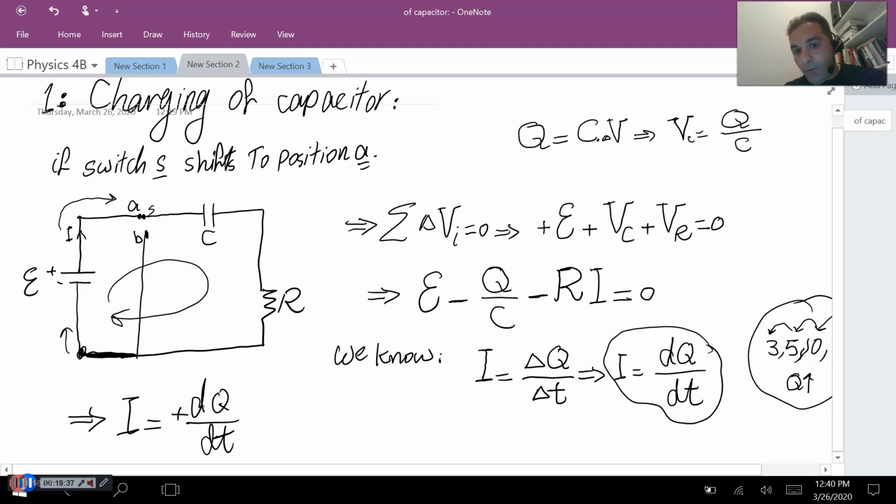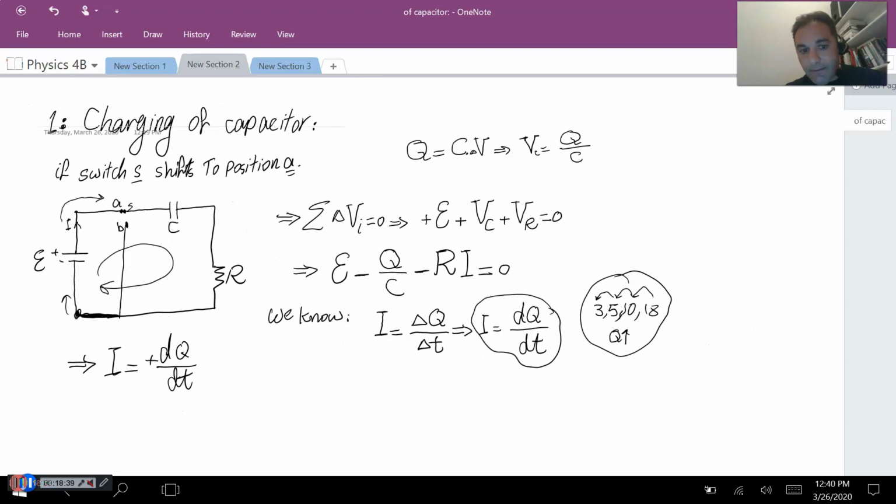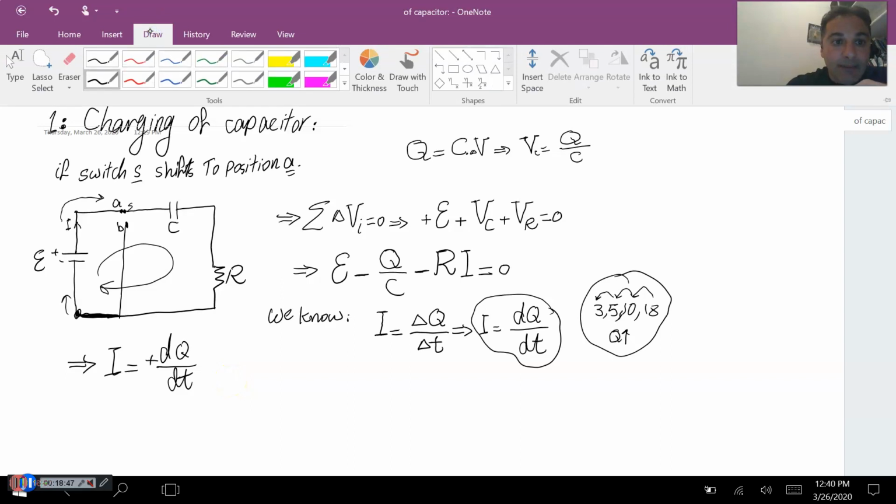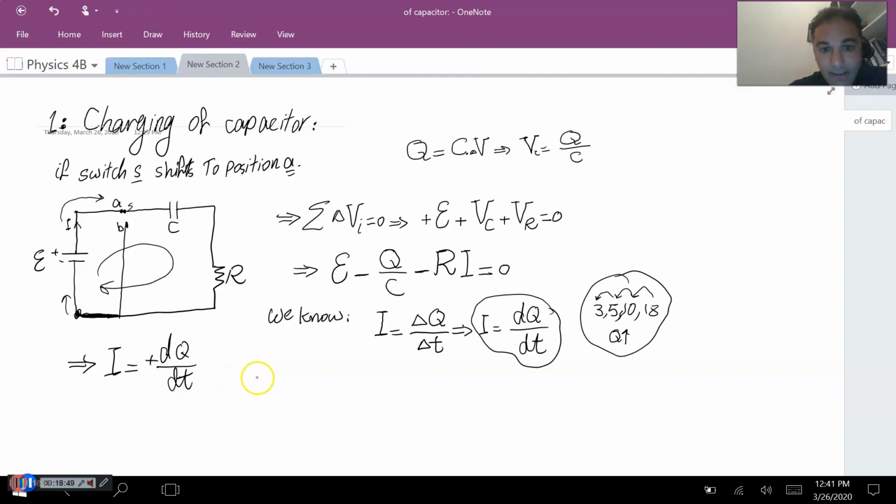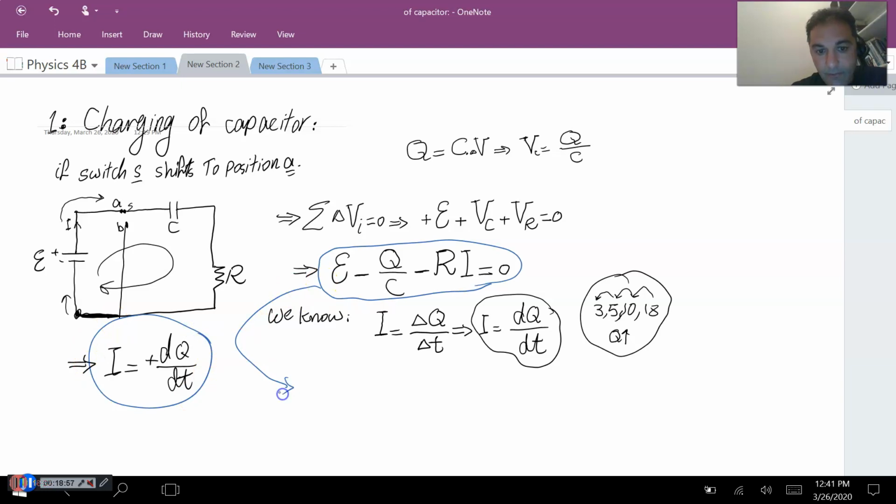So at this time, I am going to substitute these things in this equation, Kirchhoff's rule.